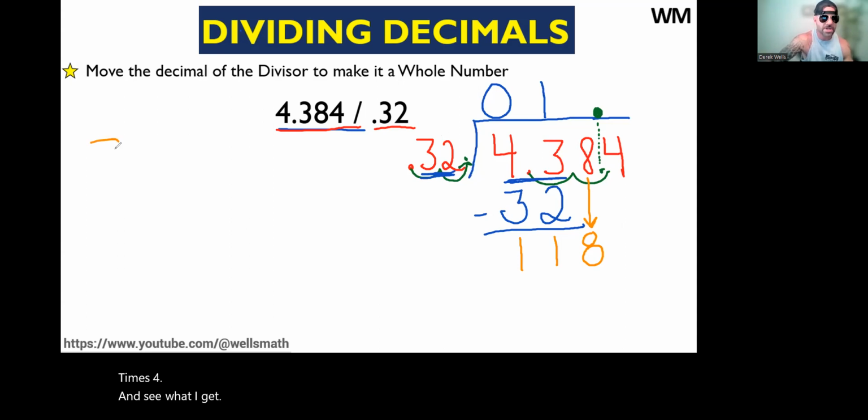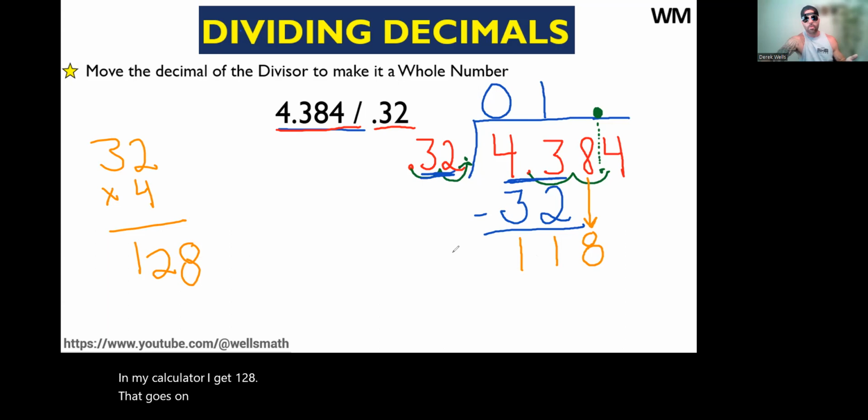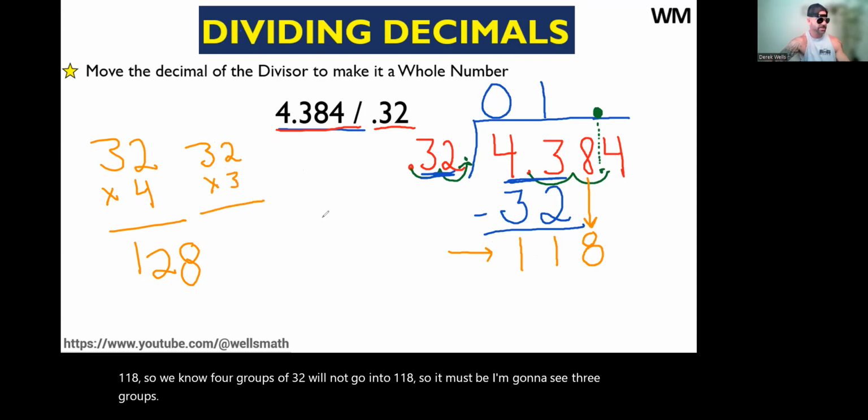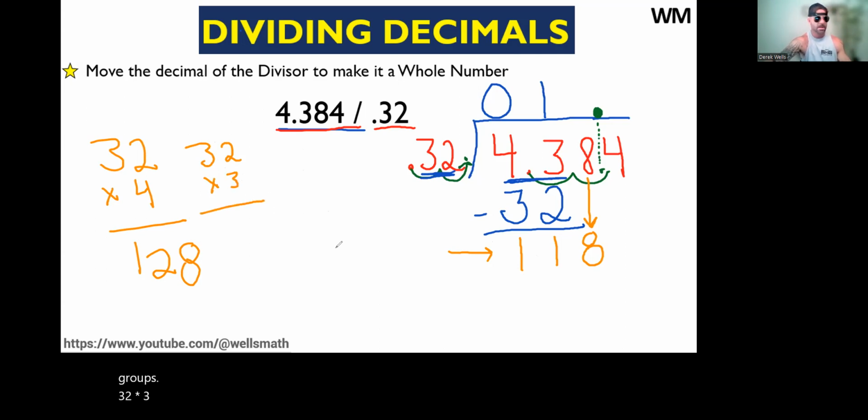When I do 32 times 4 in my calculator, I get 128. Well, that goes over 118. So we know 4 groups of 32 will not go into 118. So it must be, I'm going to say 3 groups. 32 times 3, that equals 96.